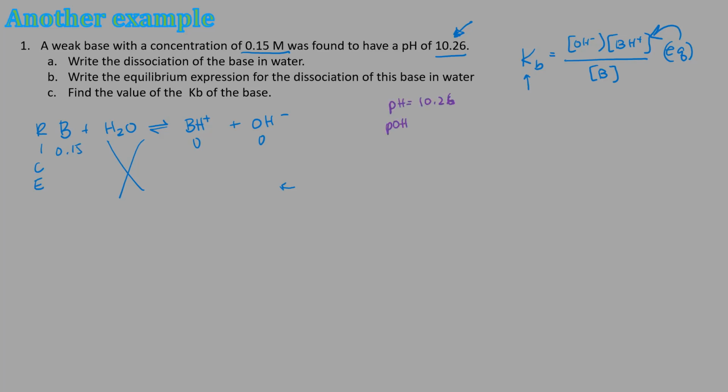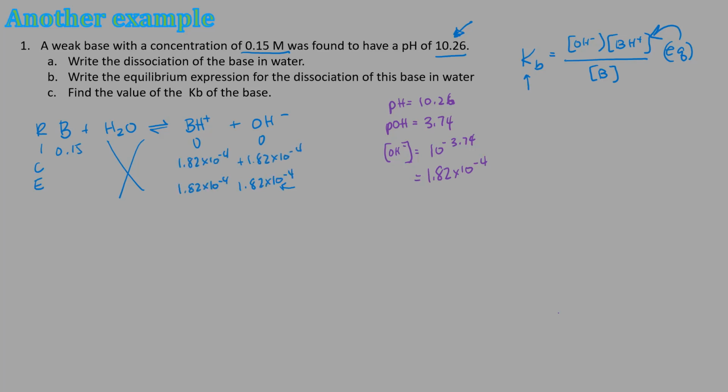Then my pOH is going to be equal to 3.74. And then my hydroxide concentration is going to be equal to 10 to the negative 3.74. And so that value ends up being 1.82 times 10 to the negative 4th. So I'm going to plug that in for equilibrium.